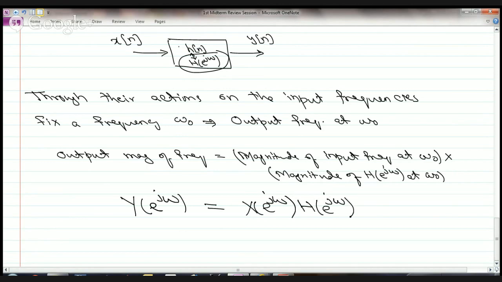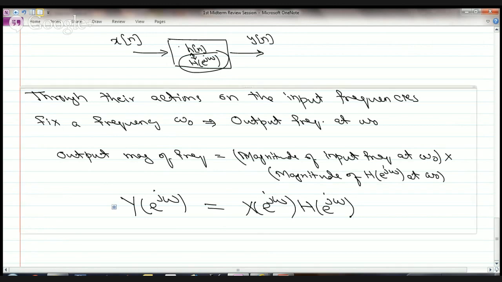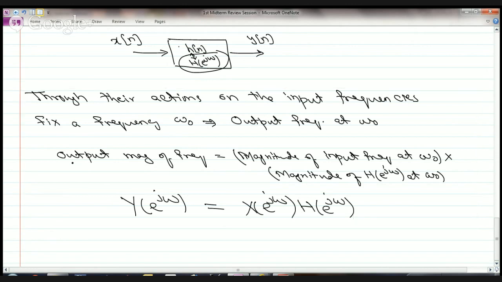Now this formula you can use when you have an arbitrary signal, but if your input signal is a sinusoid, then the solution becomes much easier, because you know that a sinusoid that is input into a system comes out as a sinusoid. The only thing that changes is the magnitude of that sinusoid, and of course the phase.